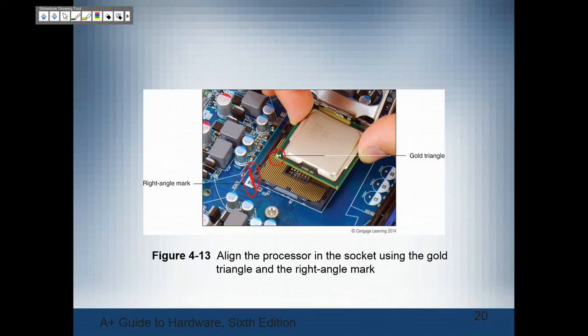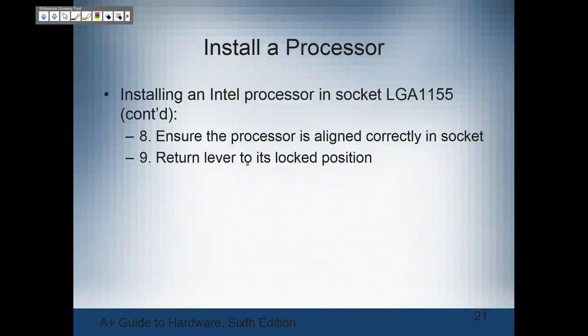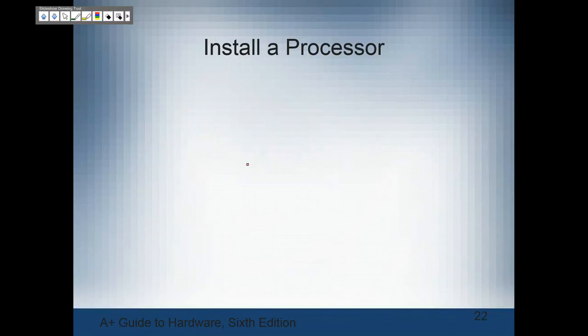They've made some other things to make putting these things in wrong more difficult. The manufacturers have all gotten a lot smarter as we go through the years. Ensure it's lined up, return the lever to its locked position so that the processor is now ready to use.